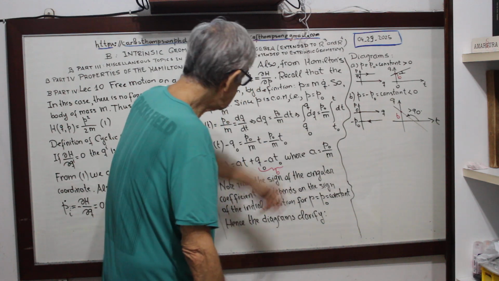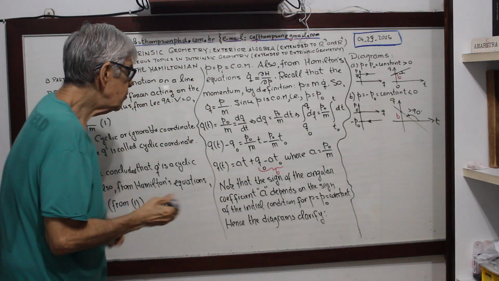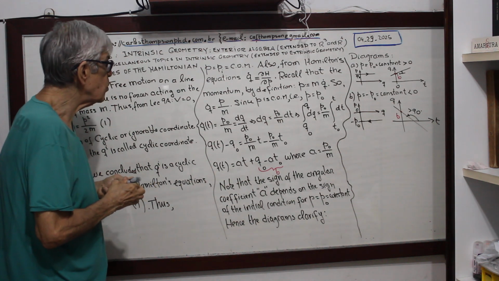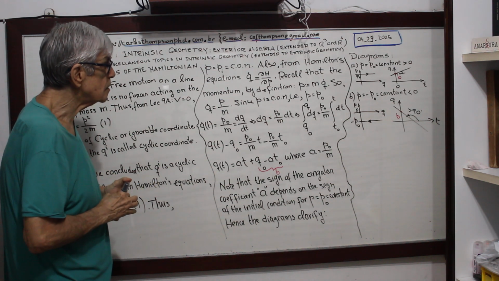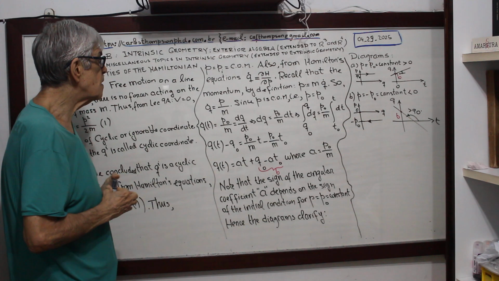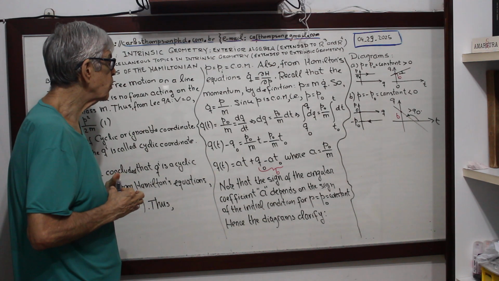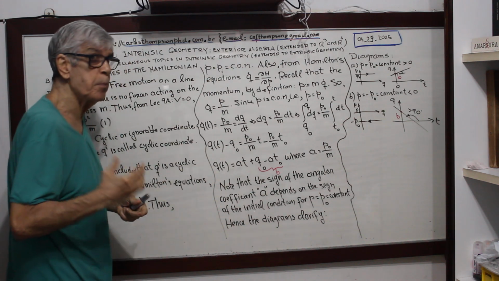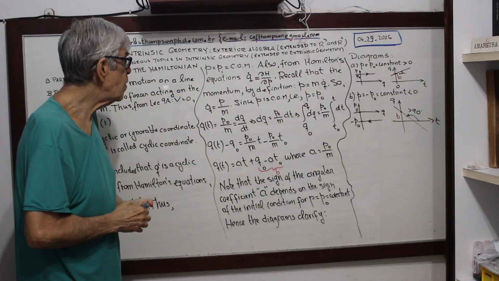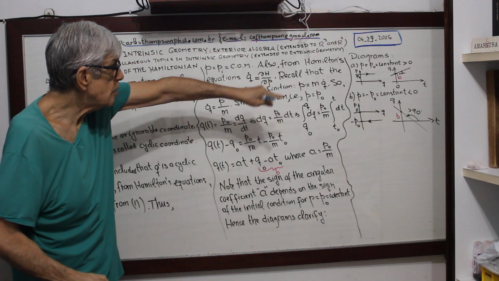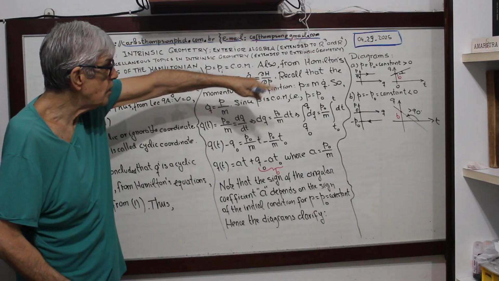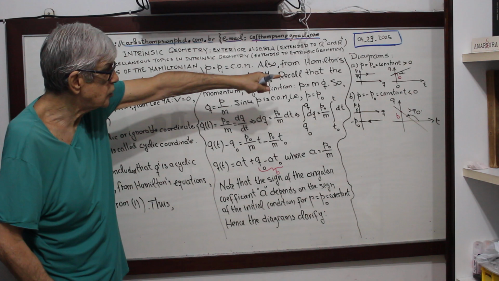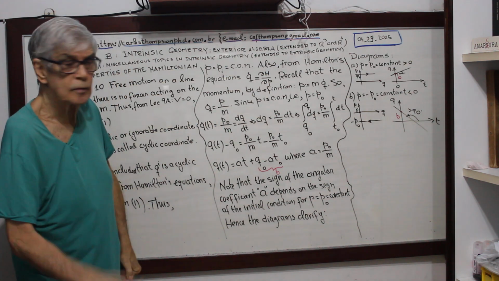See? That's a very, very important example for you to understand how a constant of motion is important for the diagrams and the concepts. The concept of p and q distribution.